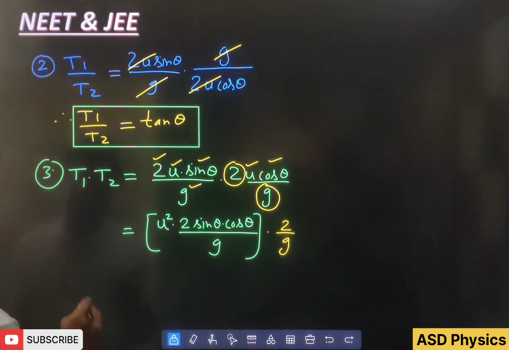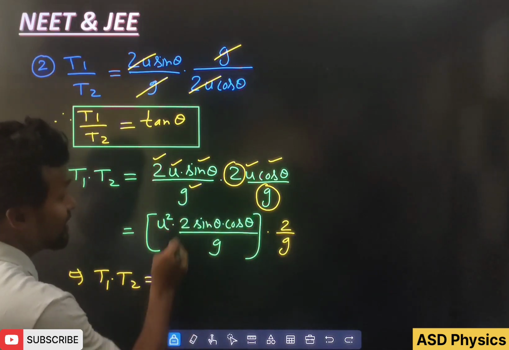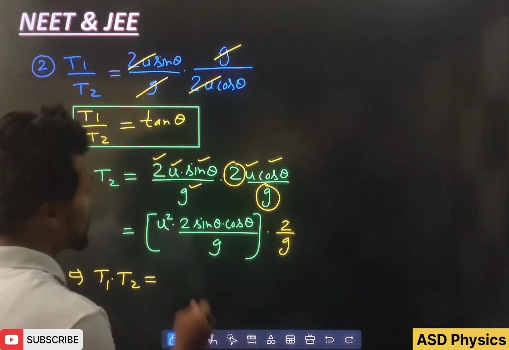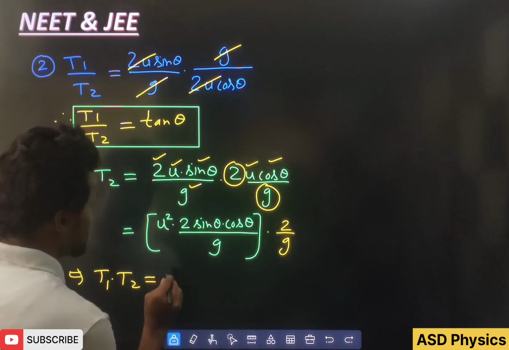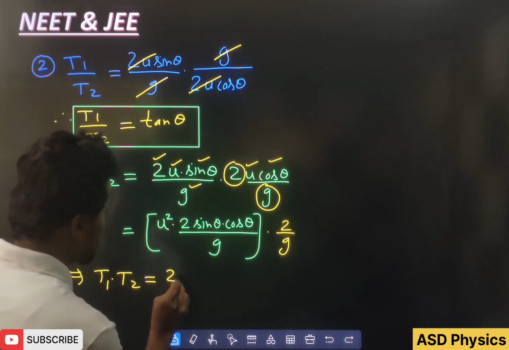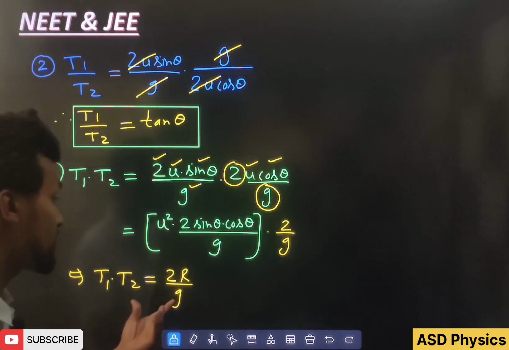Important here, this T1 into T2 will become, 2 sine theta cos theta, that means sine 2 theta, that is the range. So u square sine 2 theta by g, that means R, and this is 2 by g, overall I can write 2R by g. T1 into T2 is 2R by g.